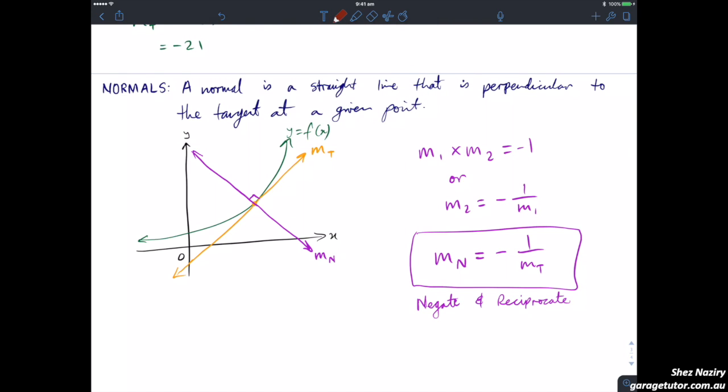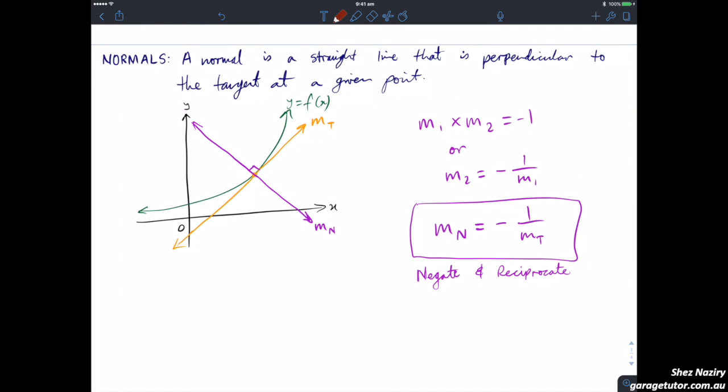Now, finding a normal is almost identical to finding a tangent, except you've got one extra step squeezed in between steps 2 and 3. Okay, so let's try an example.